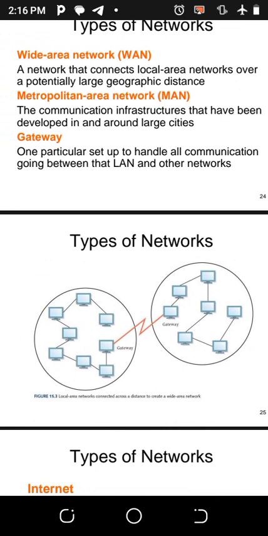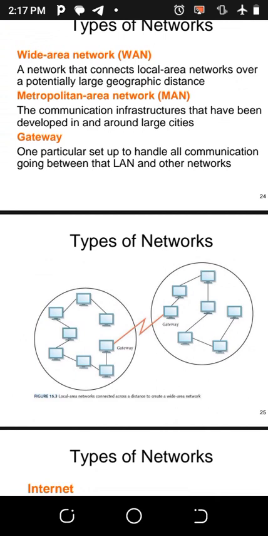Then we have the metropolitan area network, which is known as the MAN. This one is the communication infrastructure that is being developed around large cities. It is used countrywide and across the globe.